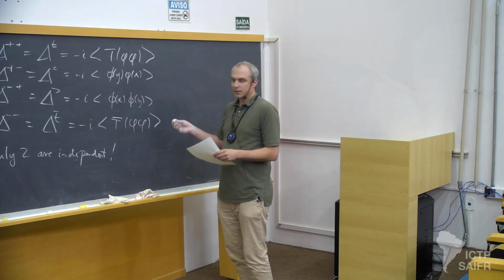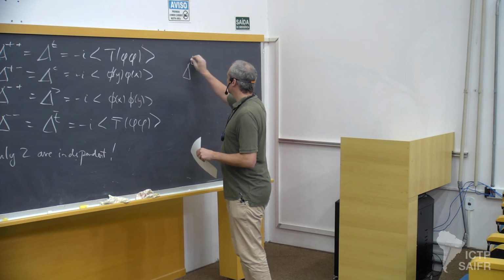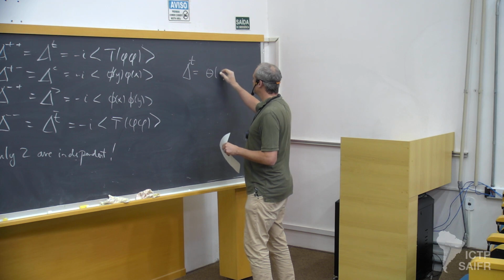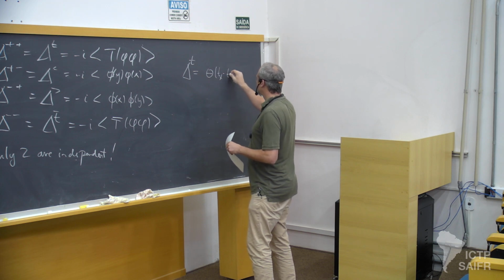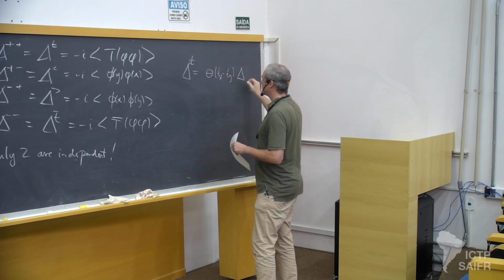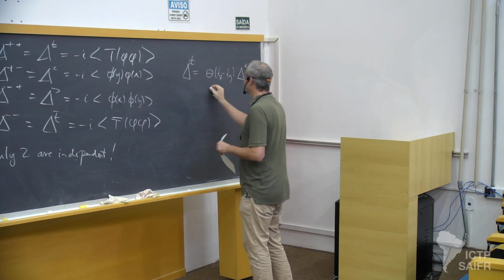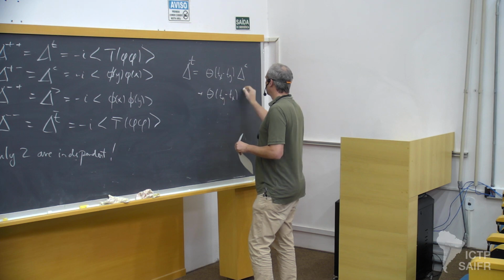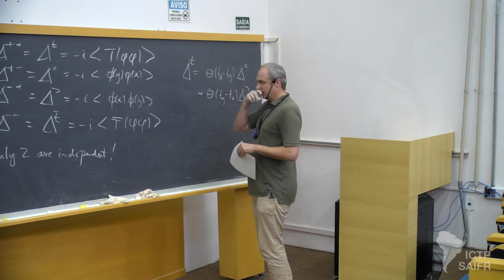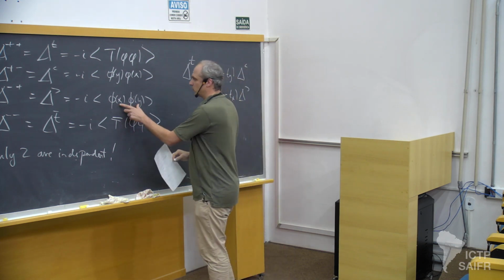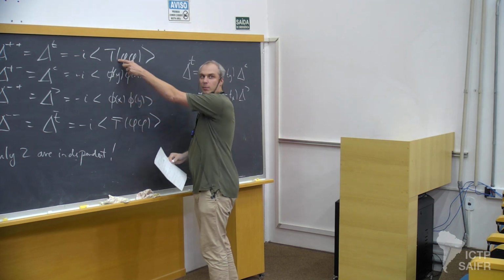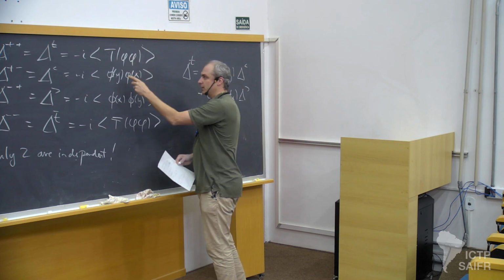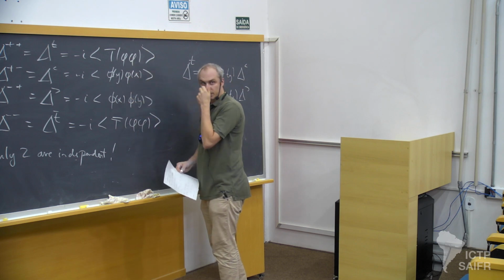Exactly, you use the Heaviside function. So you can construct the time-ordered one as being just the step function when the time x minus time y is positive, times delta less, plus the opposite combination times delta bigger. In principle, once you know the times, you know what the time ordering means. So out of these, you can construct this one. And likewise, out of these, you can also construct this one.